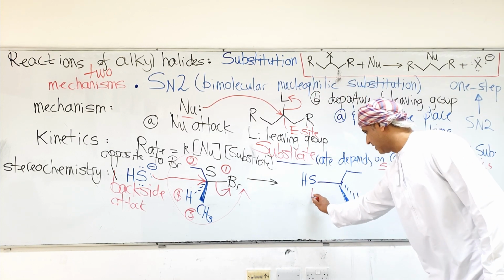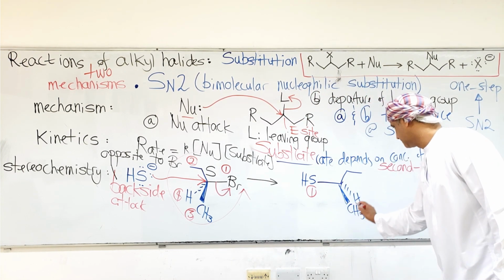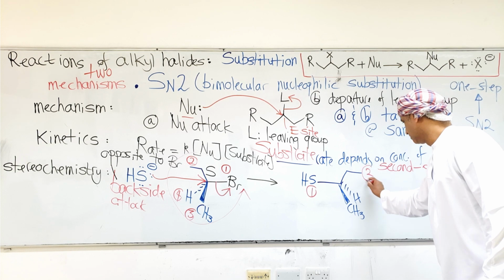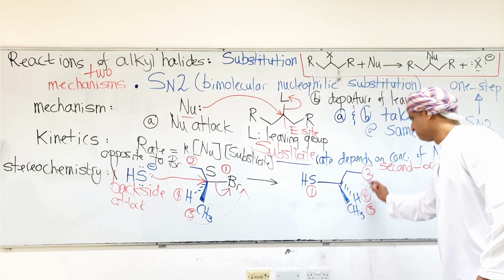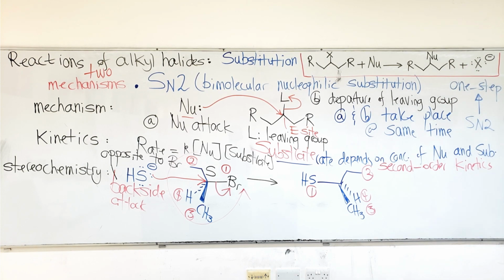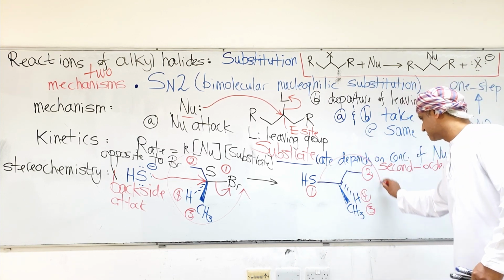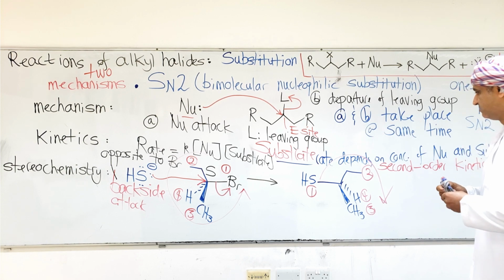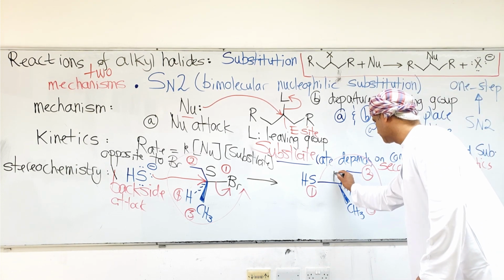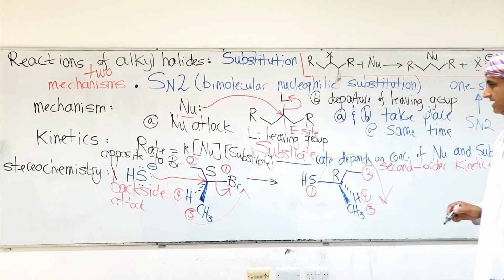So here is 1 for the HS unit, the ethyl group 2, methyl group 3, and hydrogen 4. Now, if you follow the priorities, you will see that this is a clockwise rotation, which means that now the absolute configuration around the chiral center has become R.